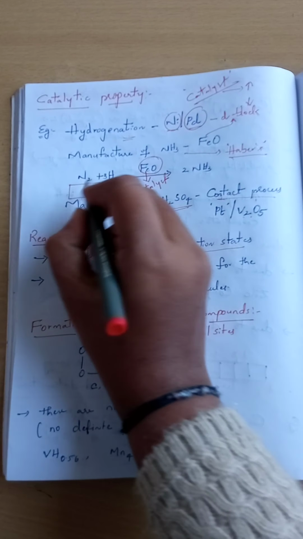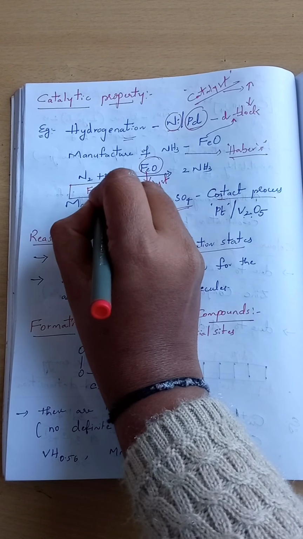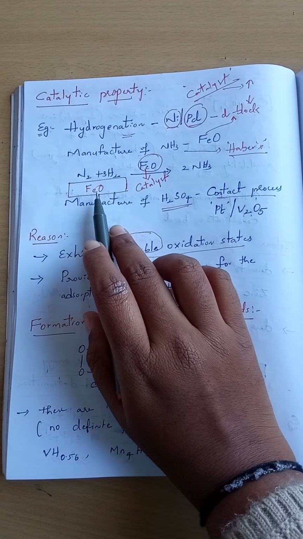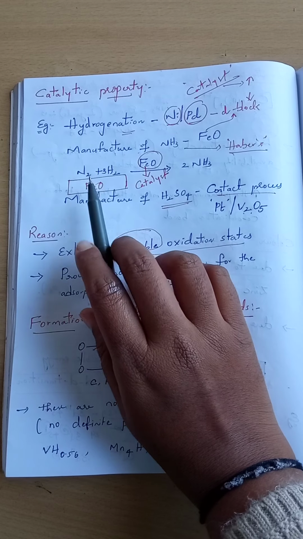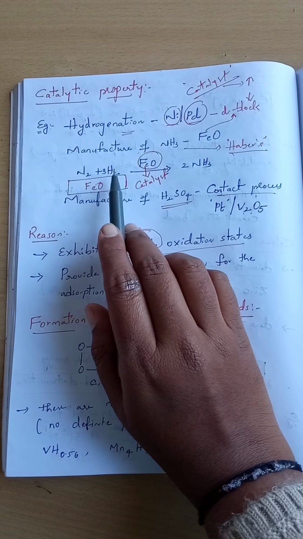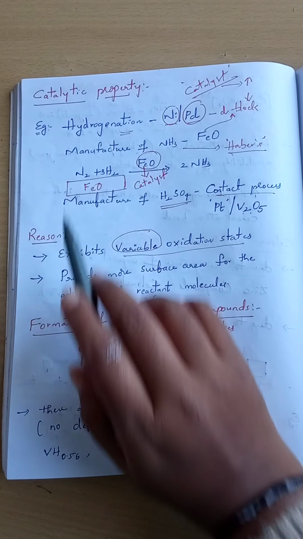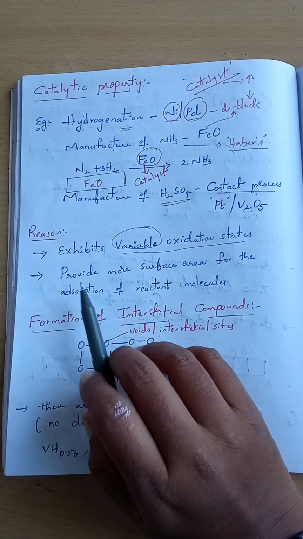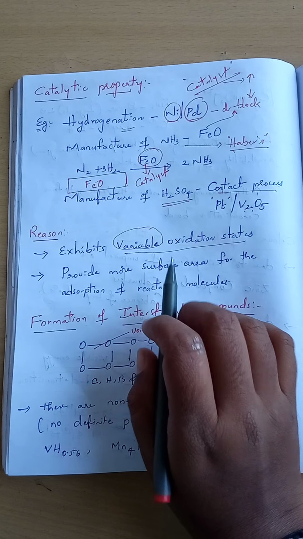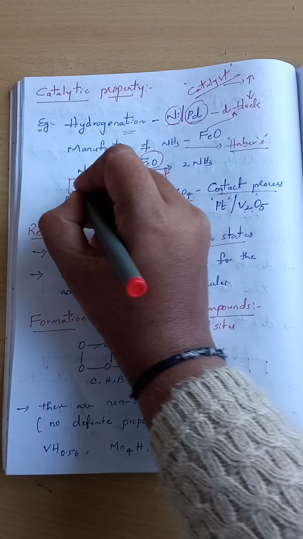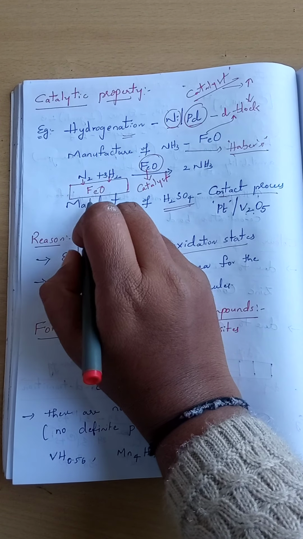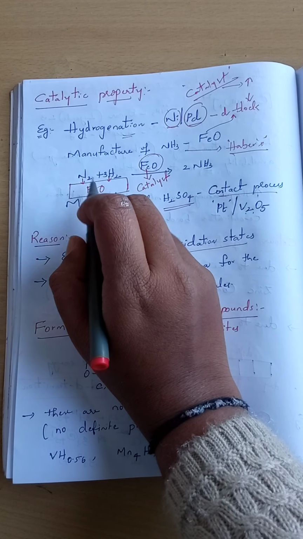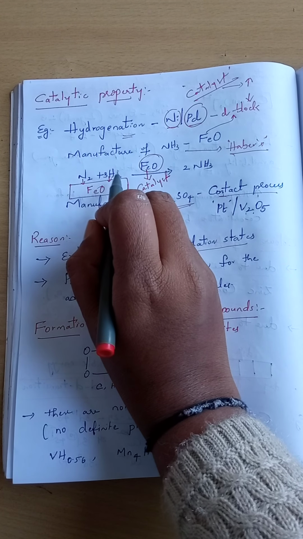Such area is given by iron oxide. Upon this iron oxide, these two undergo reaction. So here iron is providing some surface area to adsorb nitrogen and hydrogen molecules. Whenever they adsorb on the surface of iron oxide, they start to undergo reaction.